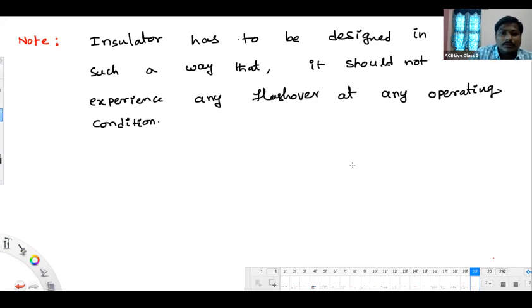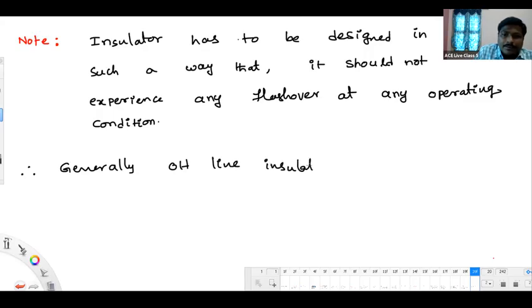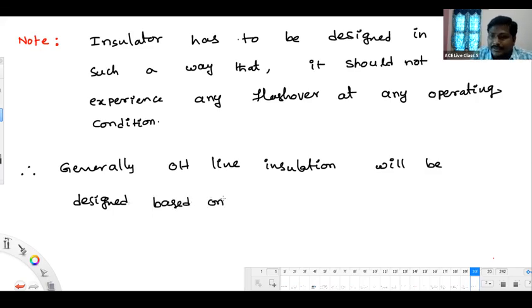So therefore, generally, overhead line insulation will be designed based on surge voltages.